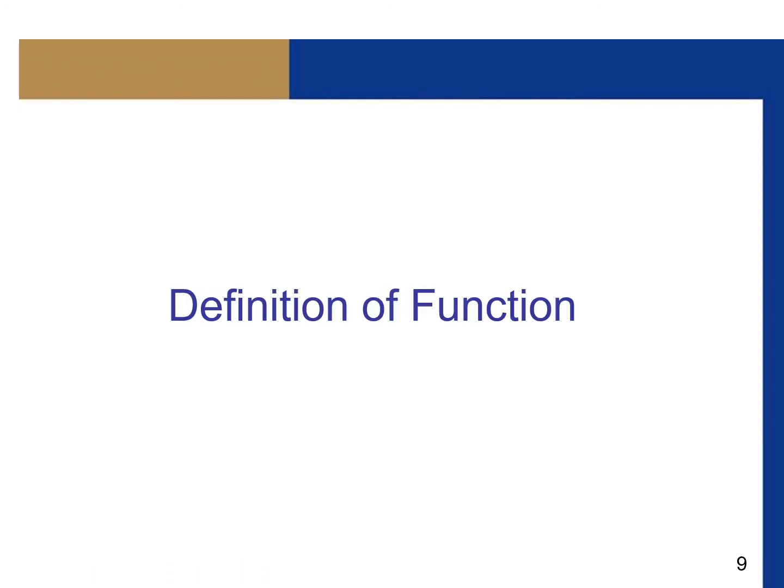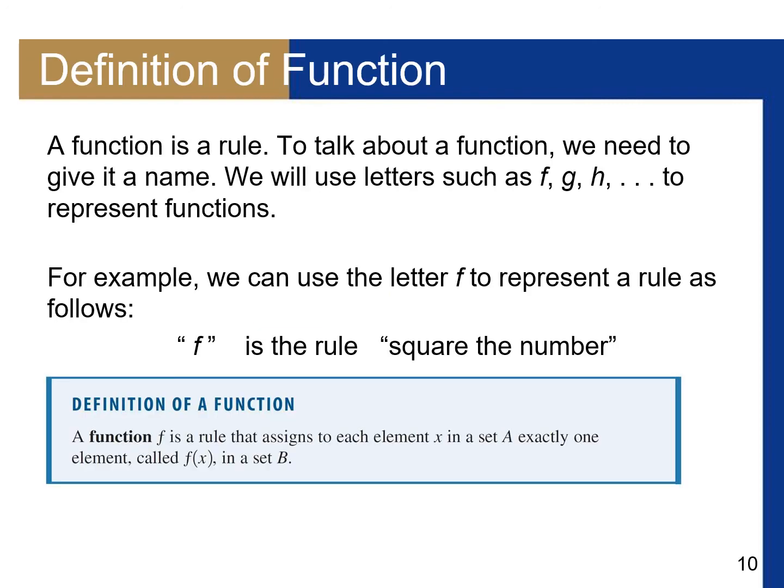We'll take a look at the definition of a function. A function is a rule. To talk about a function, we need to give it a name, so we often use f, g, and h, the most popular ones. We will say f is the rule, the square of a number.